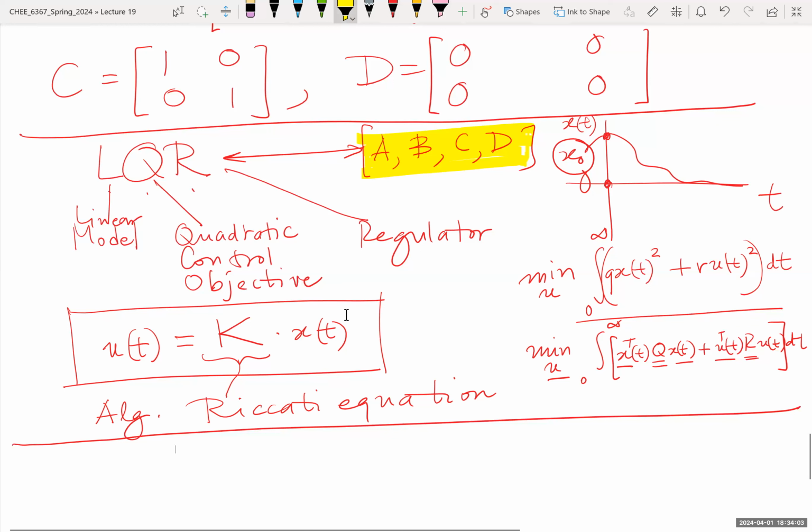In fact, what MPC added to this whole picture is constraints. It solves this problem subject to constraints on input, let's say between a minimum and a maximum value, and the outputs are also between a maximum and a minimum value. In fact, the constraints can be a lot more interesting, not just these simple bound constraints.